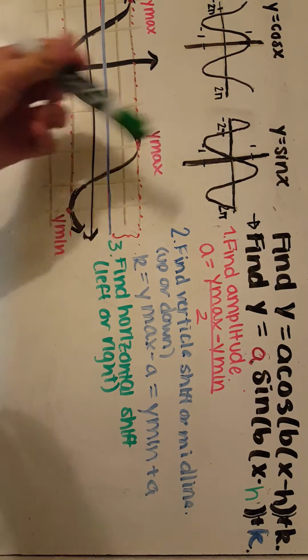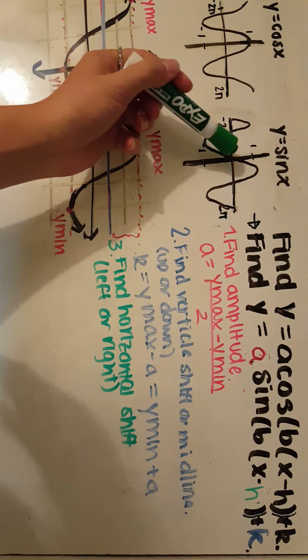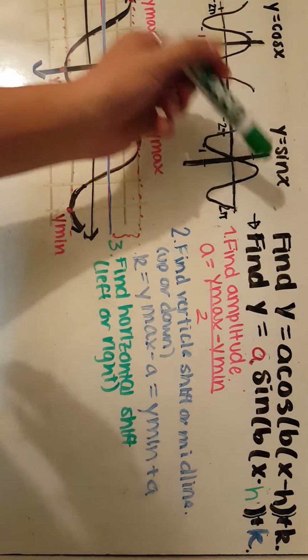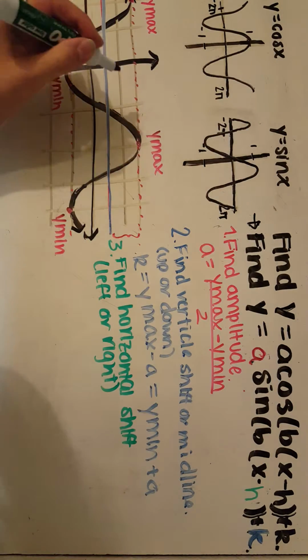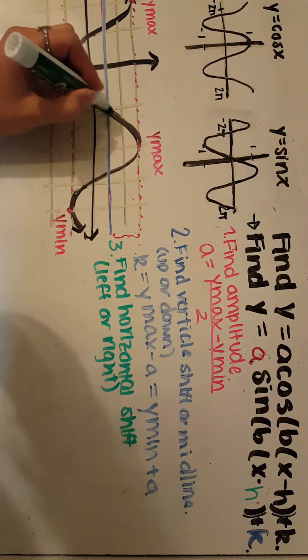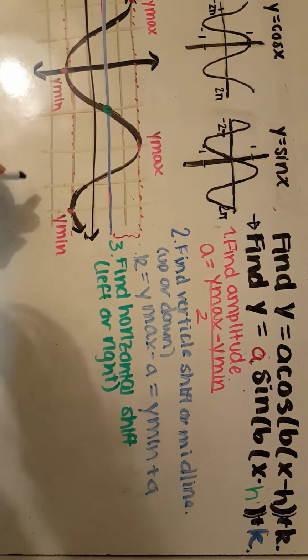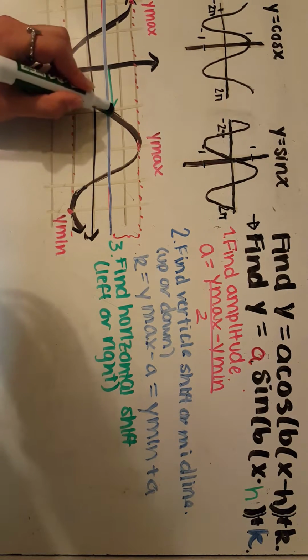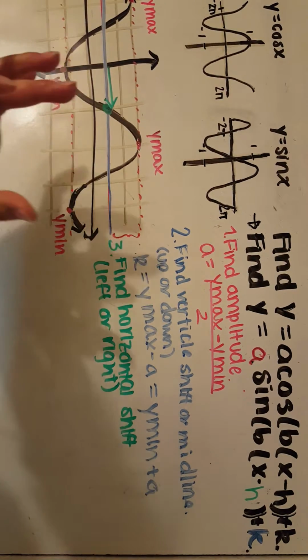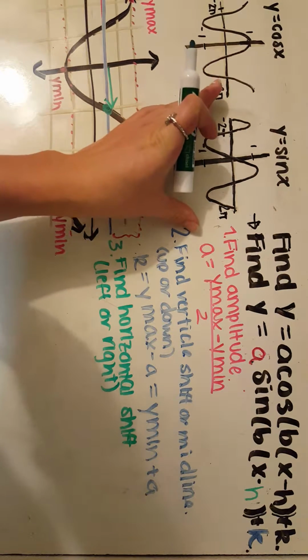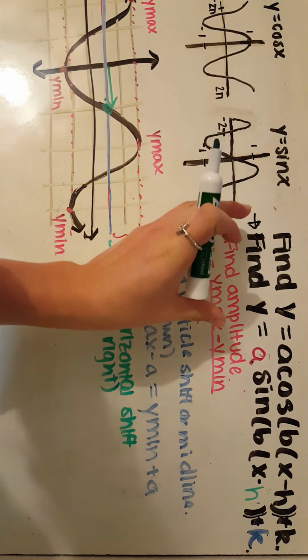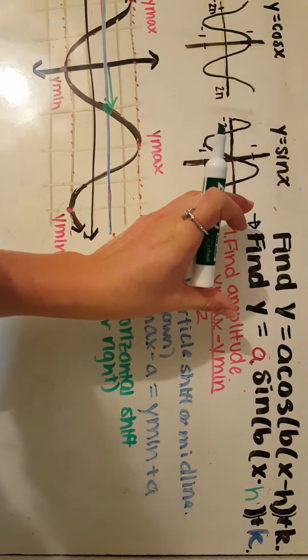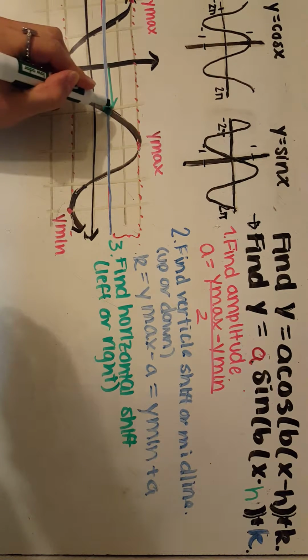And remind ourselves that with a sine x function, we always want to start by increasing. So this should really be our starting point. And so a horizontal shift is this distance here. So if you can imagine taking a sine x curve and picking it up and moving it over to the right, we'll end up here.